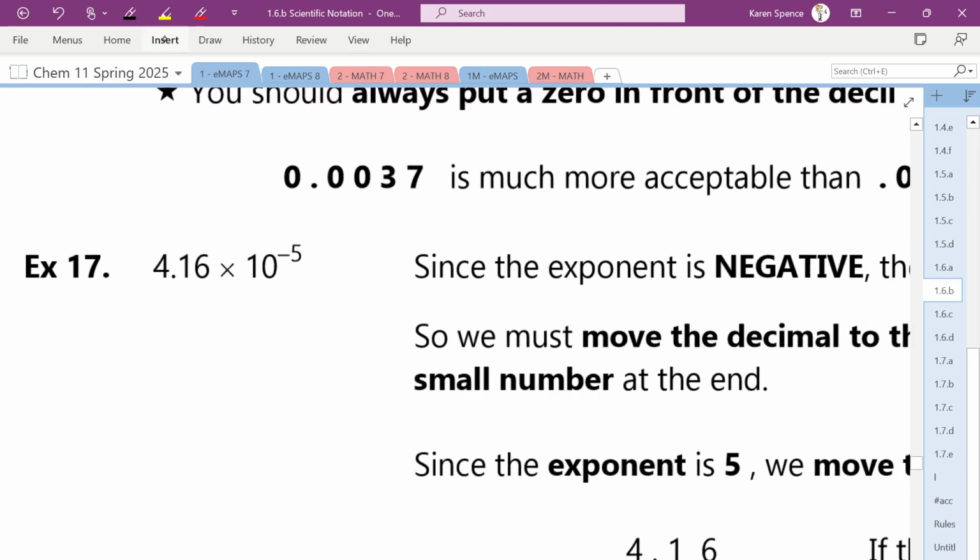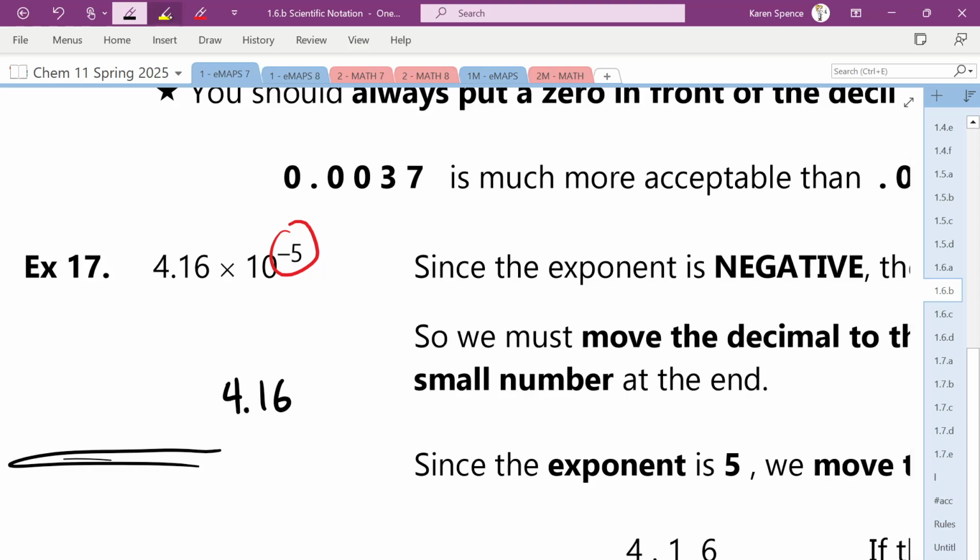Okay, once again, negative exponent. Now, how many places do we need to move it? 5 places, so 4.16. I've given myself a bunch of room over here because I need to put my zeros, right? So I'm going to go 1, 2, 3, 4, 5. I'm going to plonk my decimal there and put in my zeros.